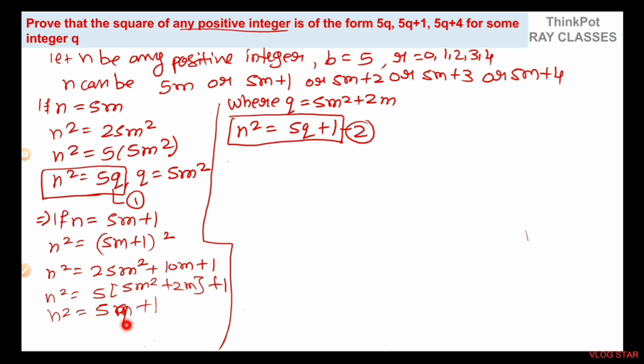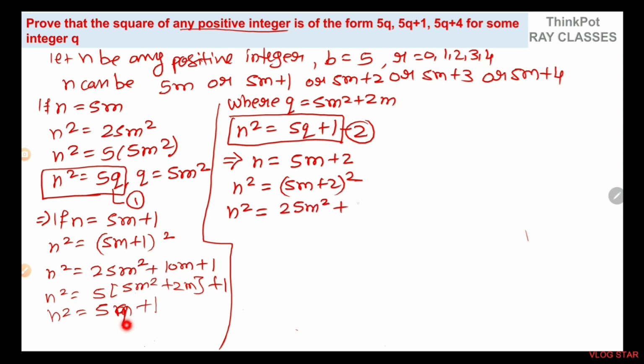Let's take the next case, where n is equal to 5m plus 2. So take n square, we have 5m plus 2 the whole square. You will get n square is equal to 25m square plus 20m plus 8.